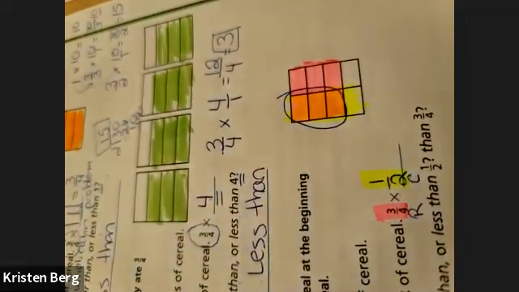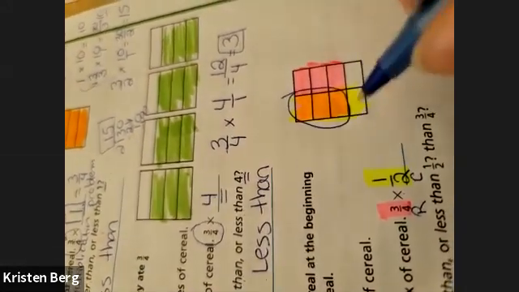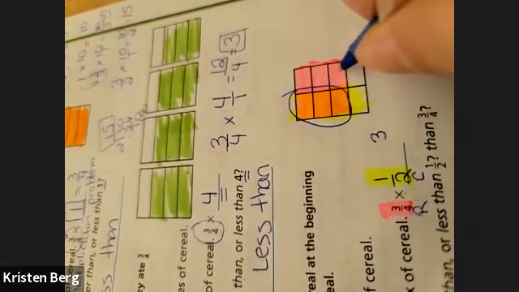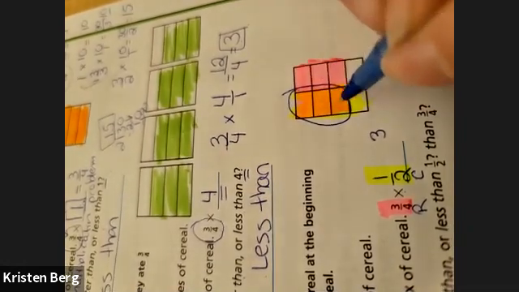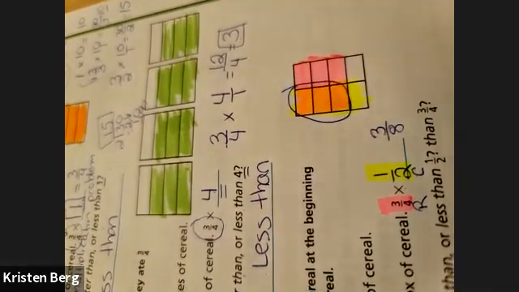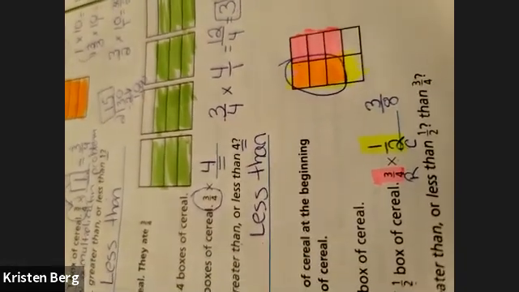So therefore, our answer comes out to be 3 out of, how many is that total in this one whole? 1, 2, 3, 4, 5, 6, 7, 8. So that would be 3/8. So that is our answer to this.